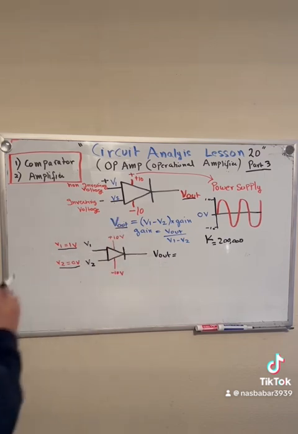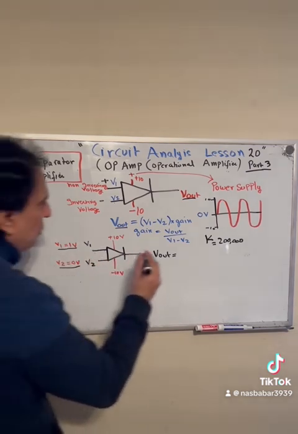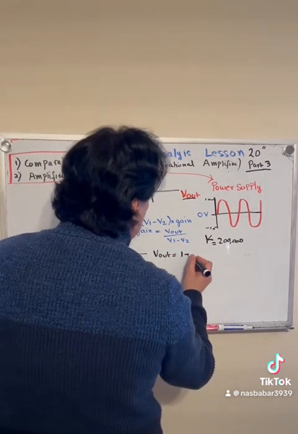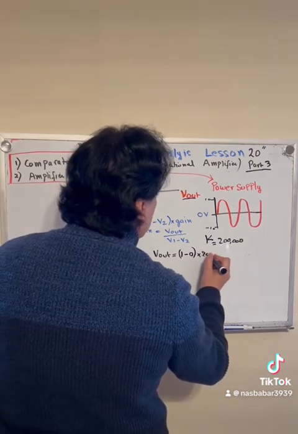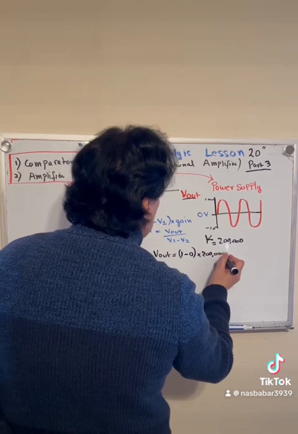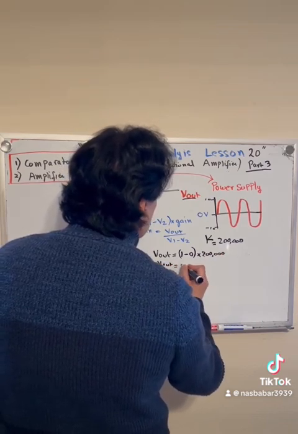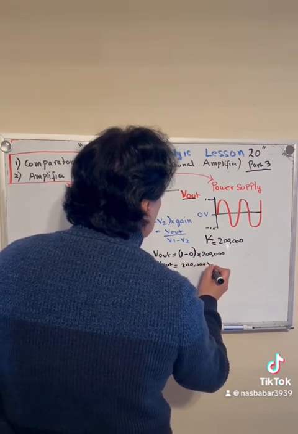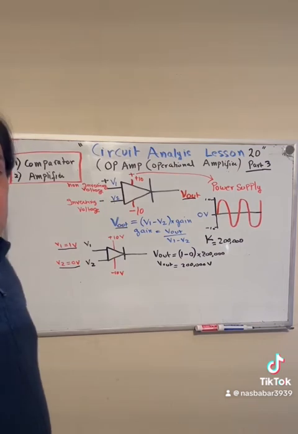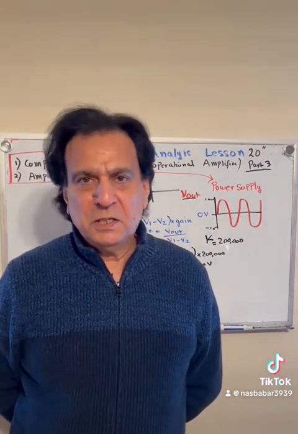So V sub out in this case is going to be V1 minus V2, which is 1 minus 0, times the gain, which is 200,000. So V sub out, according to this, is 200,000 volts. This is impractical. You can't really have 200,000 volts.